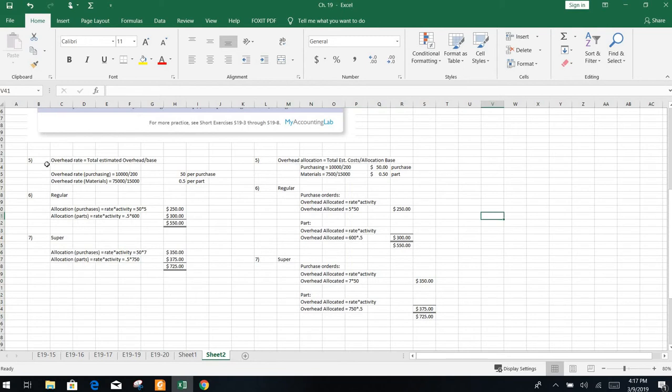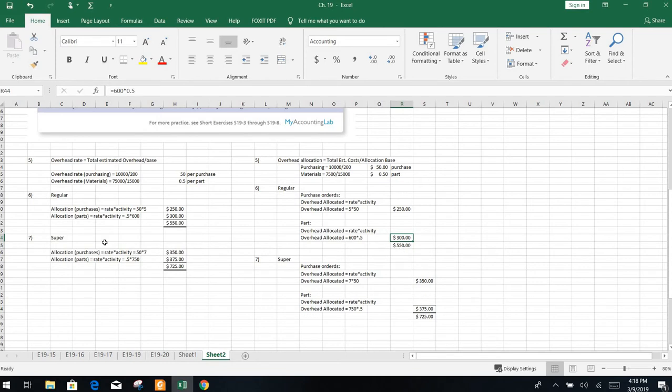Okay, so for number 5 we did total rate for purchasing $50 per purchase. We got $50 per purchase. Overhead rate for the materials was 50 cents per part. We got 50 cents per part. For number 6, for the regular, we got $250 for the purchases and $300 for the parts, $250 here, $300 for the parts there, and that equals $550.